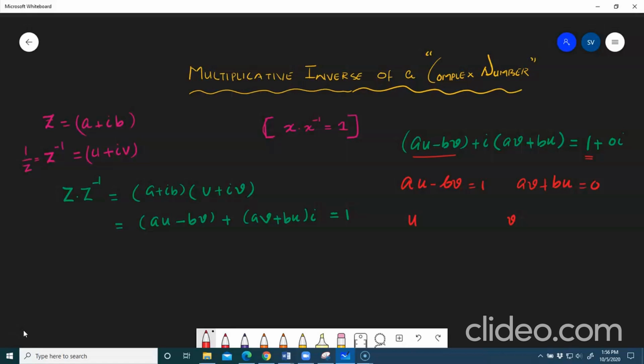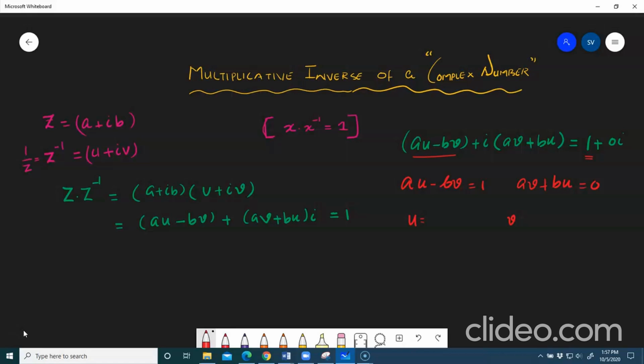The second complex number is just an assumption. We have our original complex number, the parent complex number, that is a plus ib. So we actually don't need to find the values of a and b, because those are not unknown. We are actually trying to find these unknowns u and v. So we need to solve this linear system for the unknowns u and v.